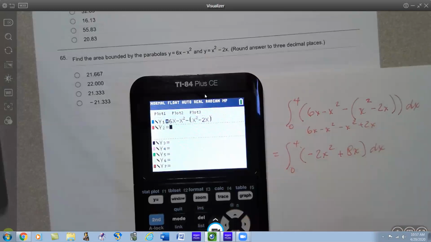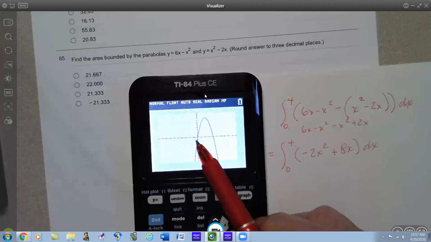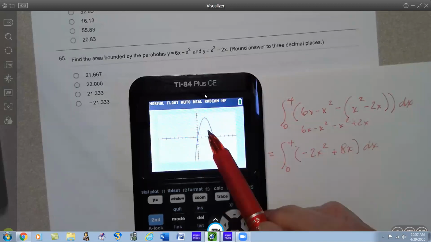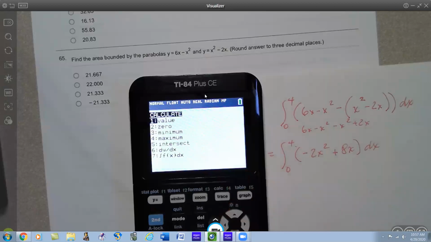If you'll notice, from 0 to 4, my new parabola is completely above, which is what I wanted. So second calc, number 7, 0 to 4. So it looks like 21.333.